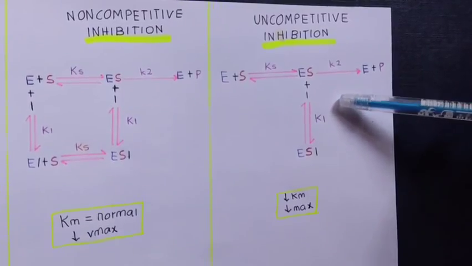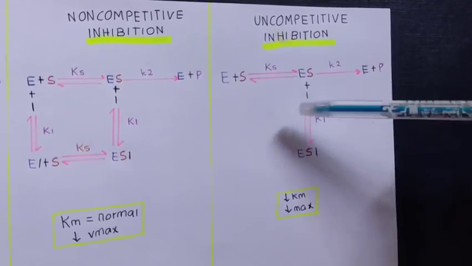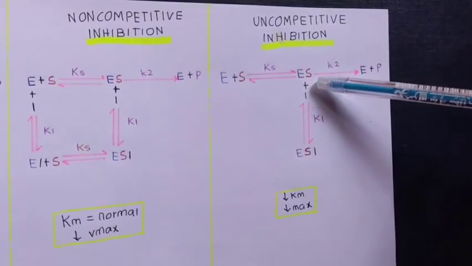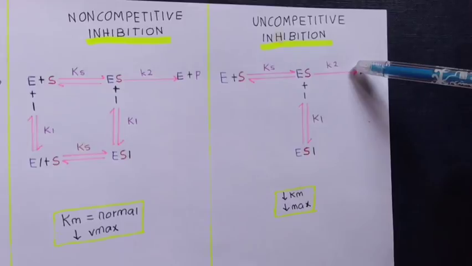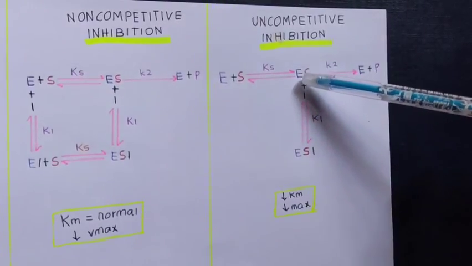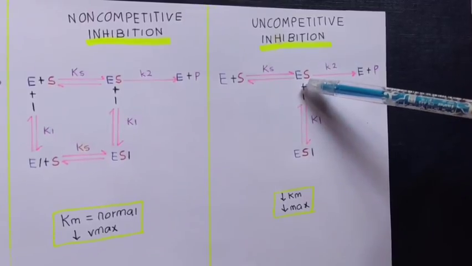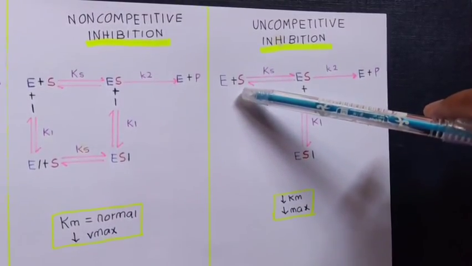So in this uncompetitive inhibition, the Km is decreased, because when the enzyme and substrate bind to form the enzyme-substrate complex, not all of this complex can make product, so the enzyme-substrate complex is decreased. When this decreases, the concentration of substrate also decreases.